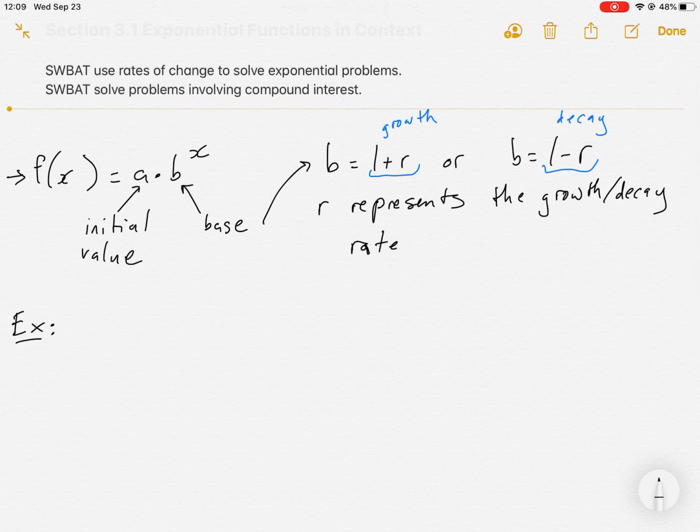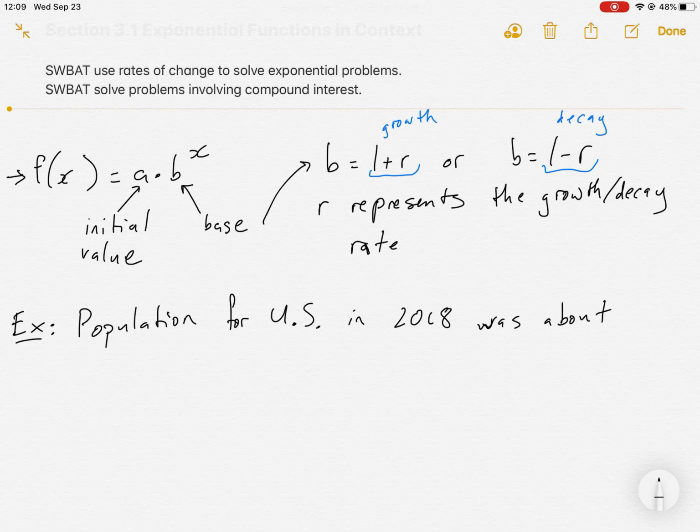So if you look this up online, you can find the population of the United States pretty easily. And when I did this, the population for the United States in 2018 is what it gave me, was about 327.2 million.